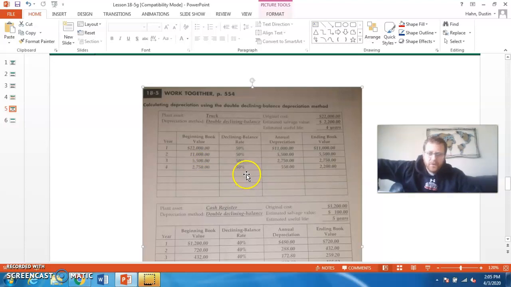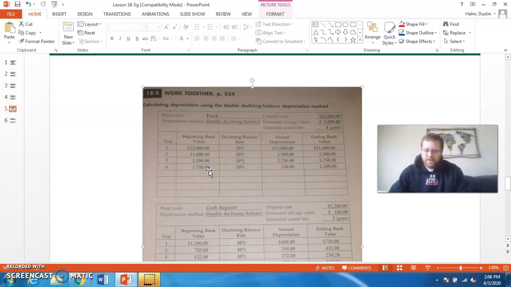I'm not too picky about this last box, because I've seen it both ways, where in the chapter it had you put the dash, or if you just put 50, either one. But if you take 2,750 divided by 2, you get 1,375. If you go back and look, our estimated salvage value is $2,200. So if we were to do this last year at 50%, we fall below our estimated salvage value.